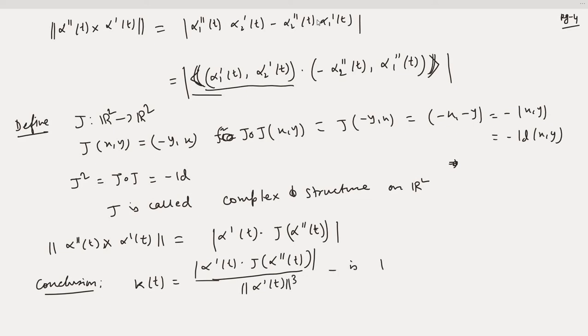This is the curvature of any regular plane curve alpha of t equal to alpha 1 of t comma alpha 2 of t.